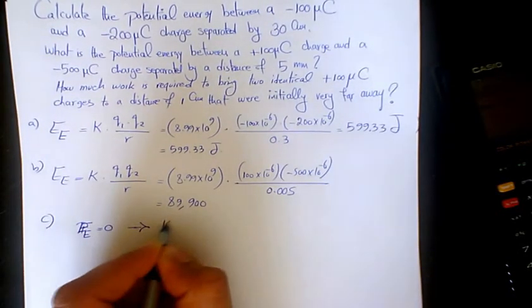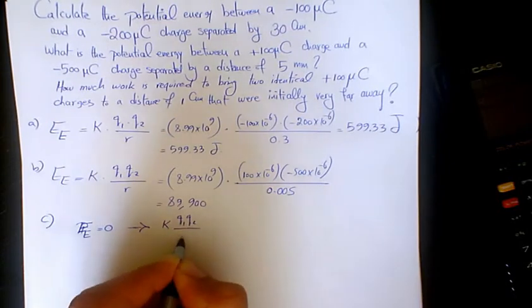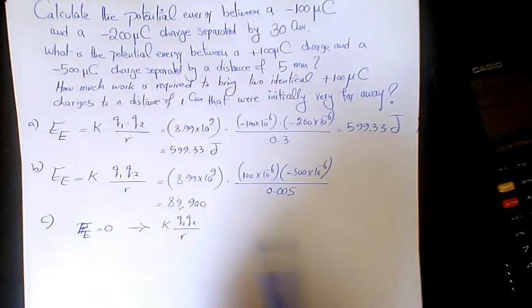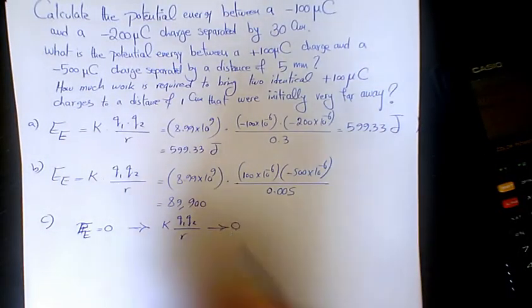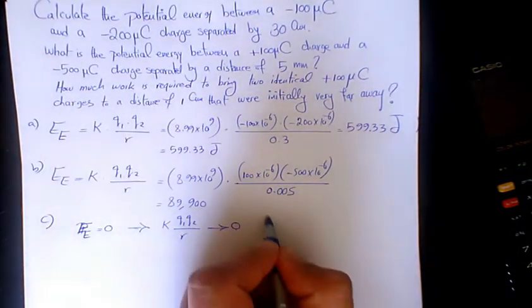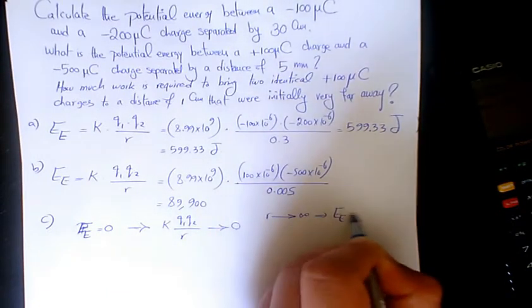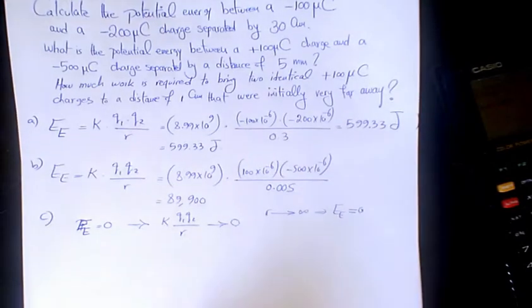Why? Because K, Q1, Q2 over R, when R goes to infinity, the whole ratio is going to go toward 0. So whenever R goes to infinity, potential energy is going to go to 0.